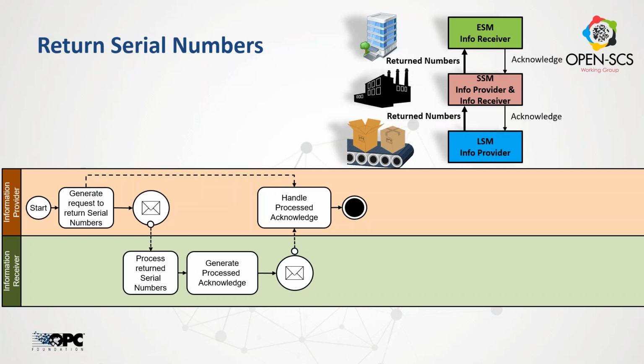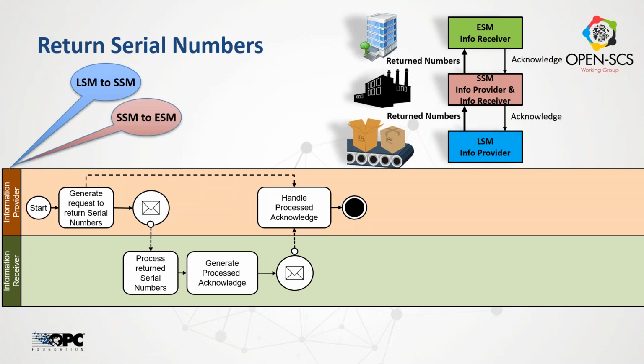I don't want you to assume that they're going somewhere else. I'm going to return them back to the system that is managing them so that they can mark them as being not associated yet with a product. And we do the same thing. We have an LSM to SSM or SSM to LSM. Same sort of services. It just depends on who is talking to who.